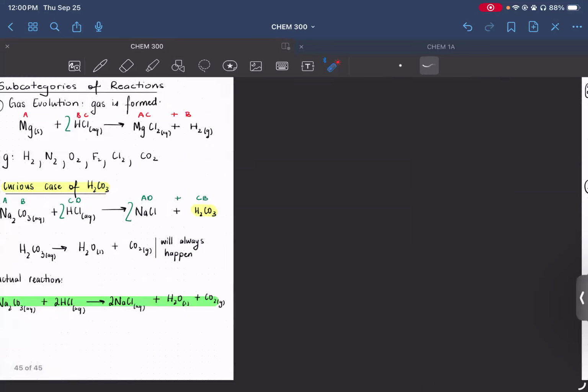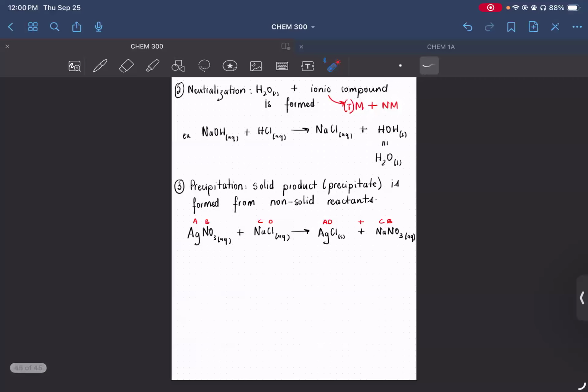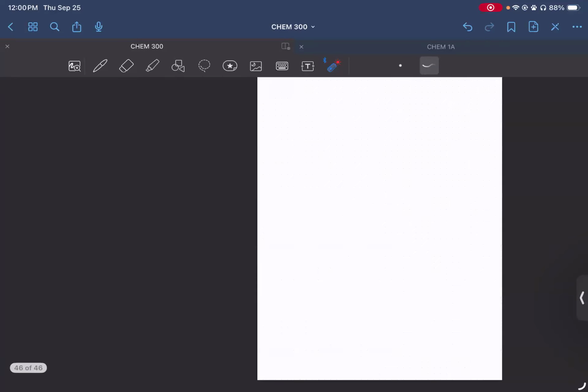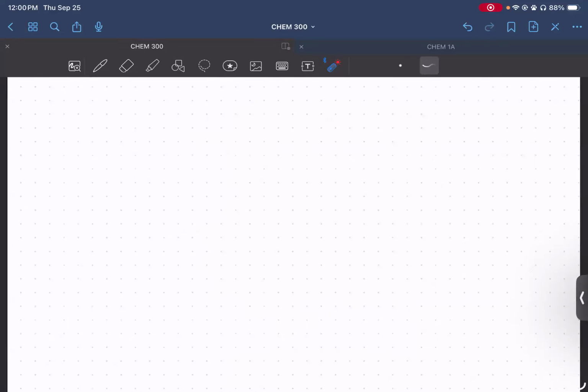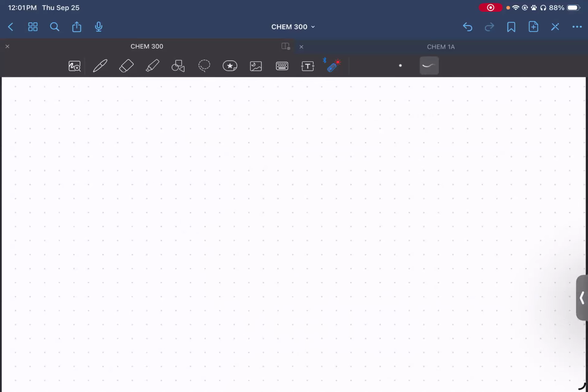In the other cases with neutralization and precipitate, we know what the products should be. Do we have any questions before I move on? Okay. Our final topic under the big heading of reactions is called ionic equations.